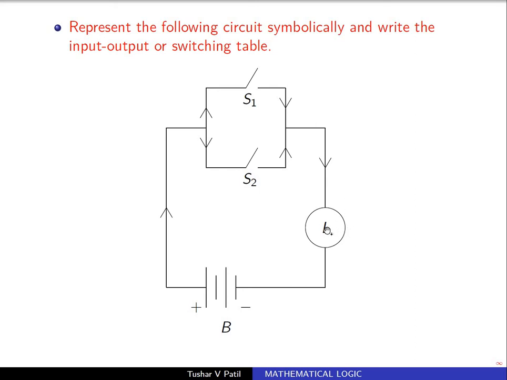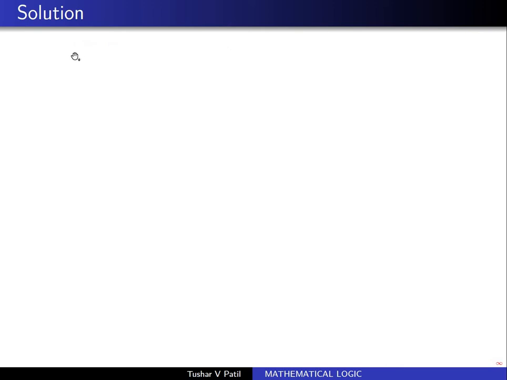We know that the lamp L glows if and only if, here there are three cases: both the switches are closed, or the switch S1 is closed and S2 is open, or the switch S2 is closed and S1 is open. And if both the switches are open, then the light L won't glow. It is the solution.